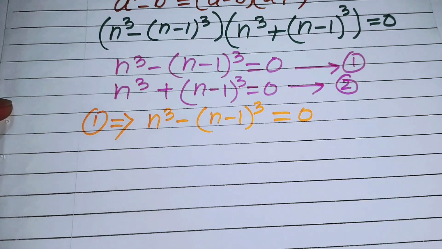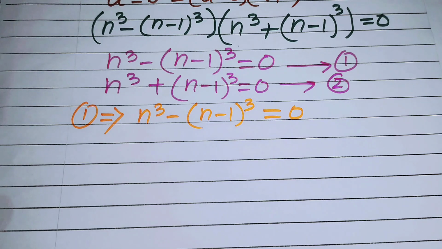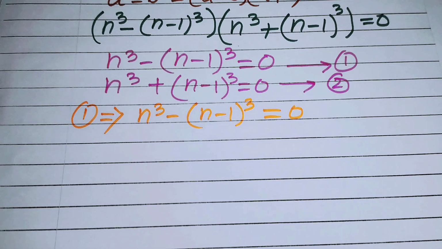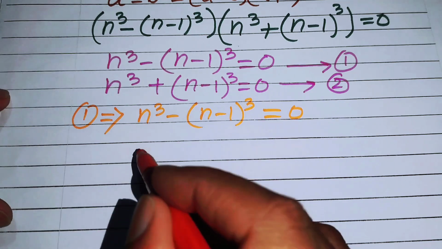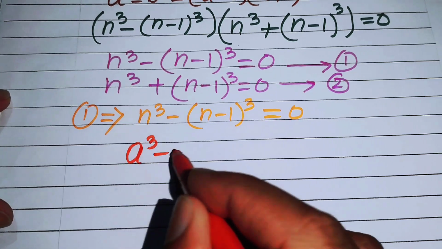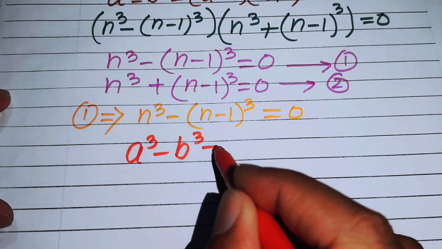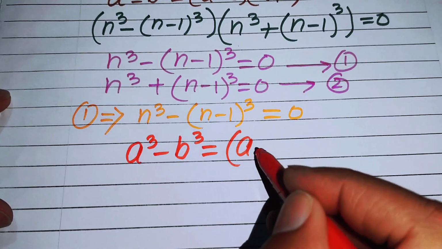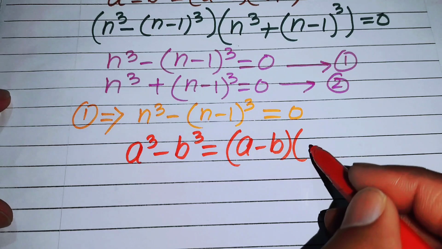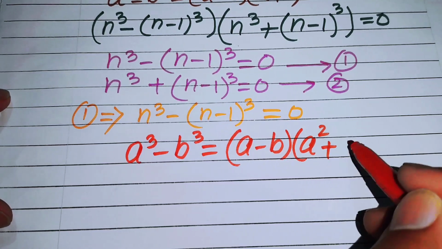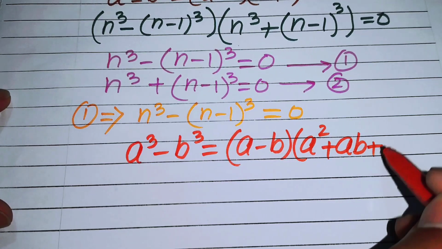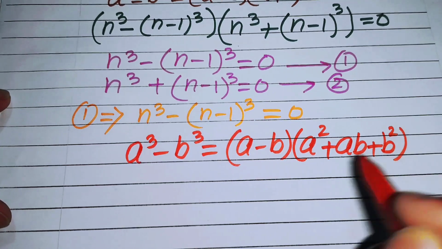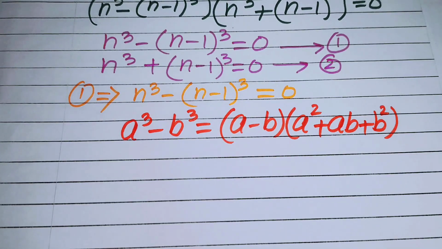So here we use the nice cubic formula, and you know about this cubic formula. If we have a cubed minus b cubed, it equals (a minus b) times (a squared plus ab plus b squared). So we will use this cubic formula in the above equation.